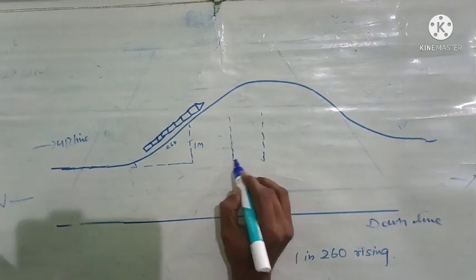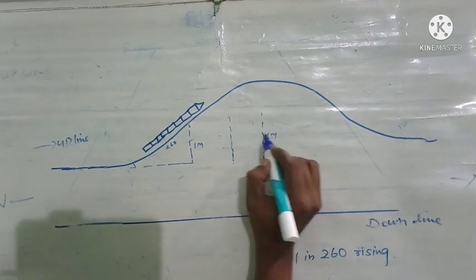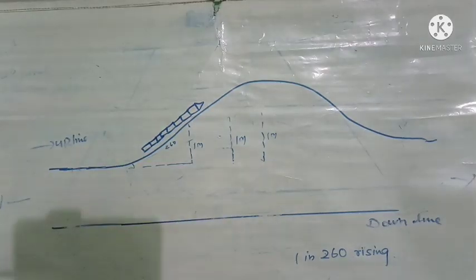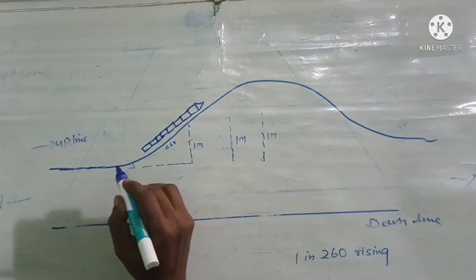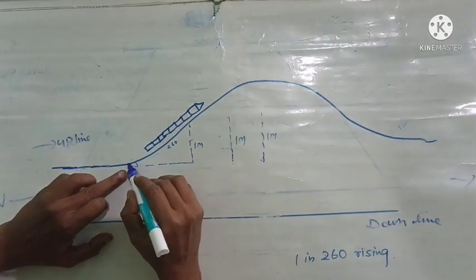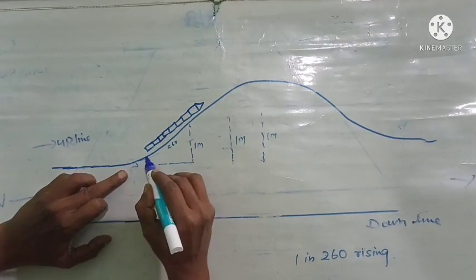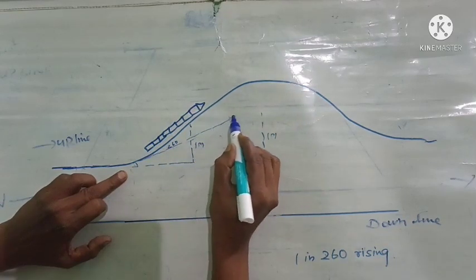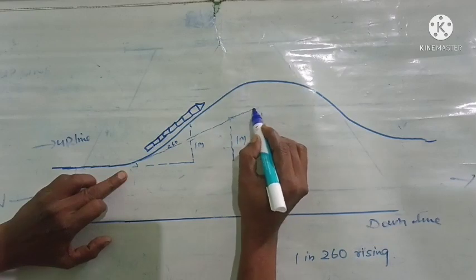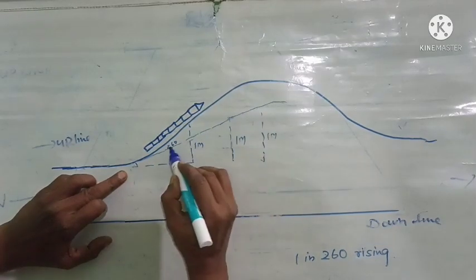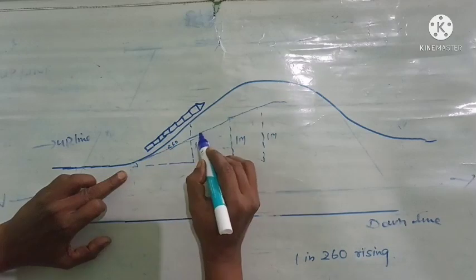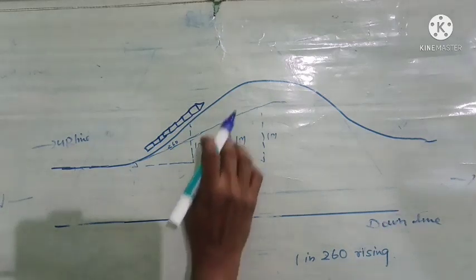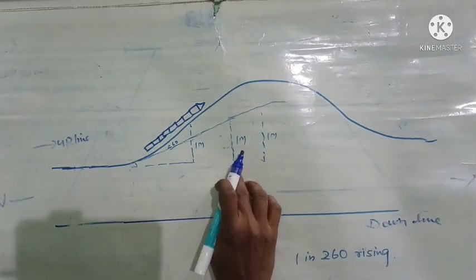This I have marked is 1 meter high, 1 meter high from the plane surface. Suppose this track is laid from here, it is going like this. So here we can see the track is 1 meter high from here.